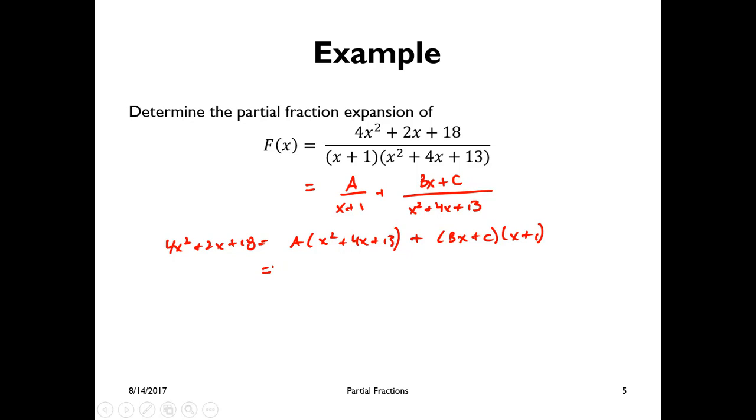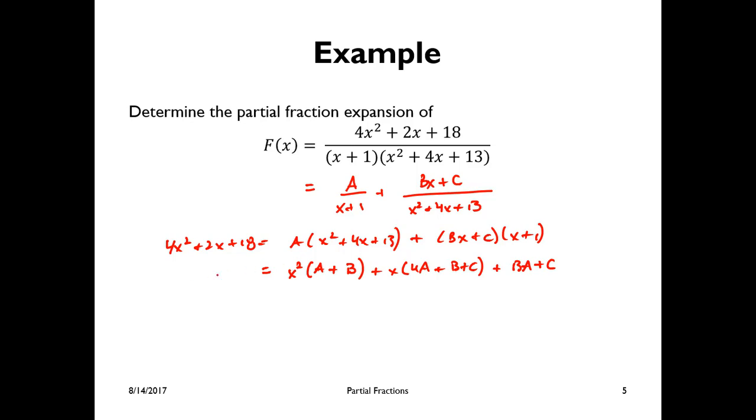Now if I expand out the right hand side and group powers of x, I will have x squared with a plus b, x with 4a plus b plus c, and in terms of constants, 13a plus c.